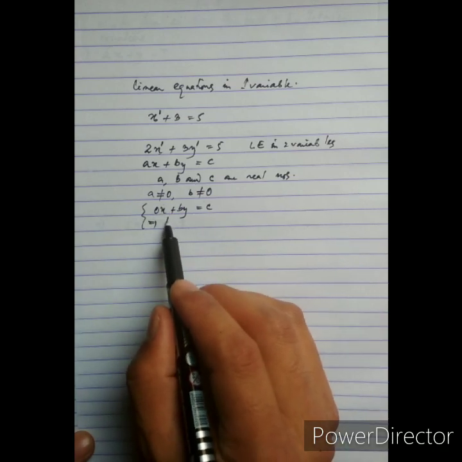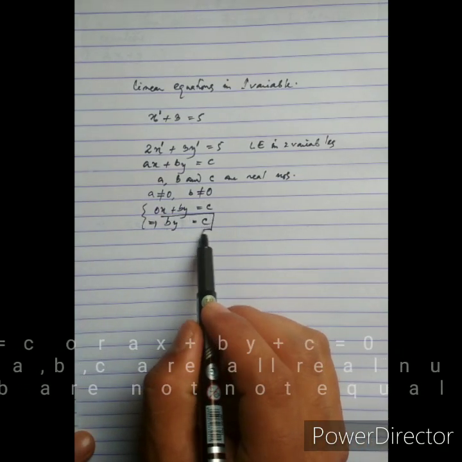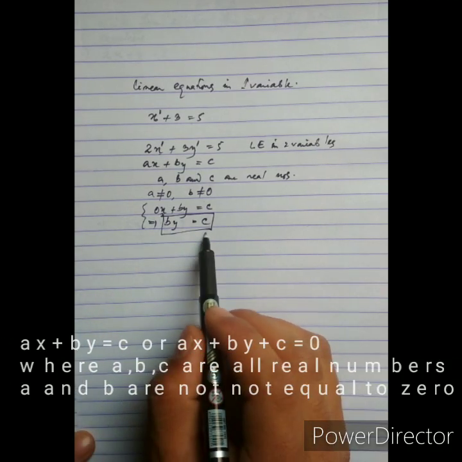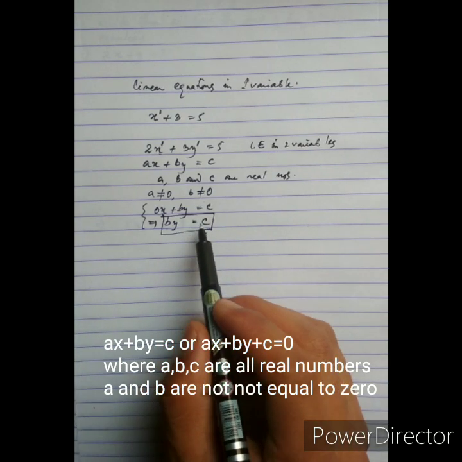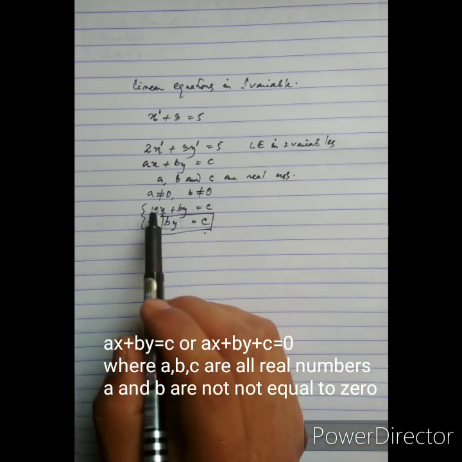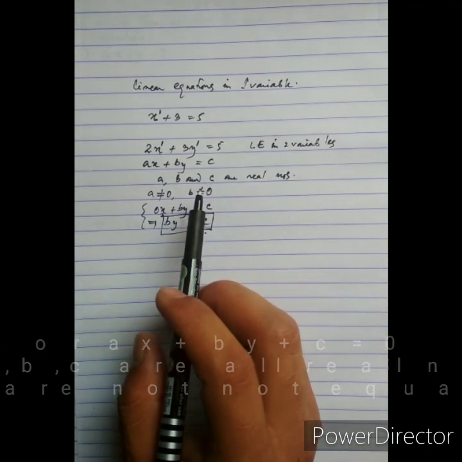This part becomes 0, so by is equal to c. Now it becomes a linear equation, but in how many variables? In one variable. So that's why a cannot be 0 and b cannot be 0 as well.